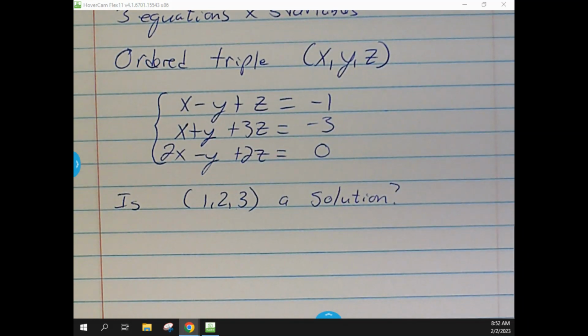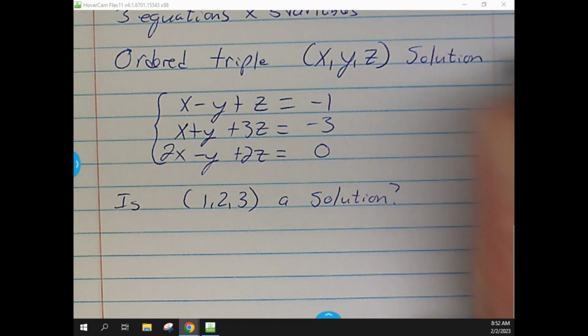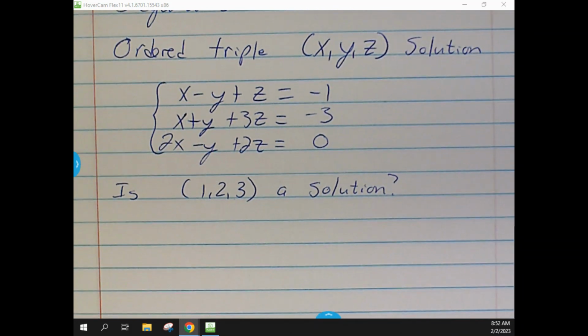We'll wind up actually doing a couple of these in this part. But so here's the problem. They give you this ordered triple, not an ordered pair, and they'll ask you, is this ordered pair or ordered triple a solution?